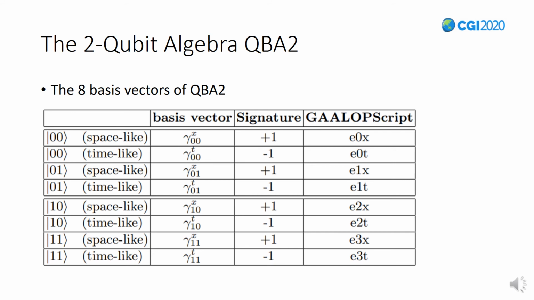Again, all the states have a space-like and a time-like component with the different signatures, and in Gallop script these basis vectors are described with E0x, E0t, E1x, E1t, as well as E2x, E2t, E3x, and E3t for the 4 states.